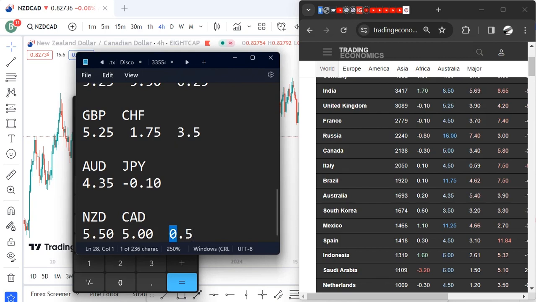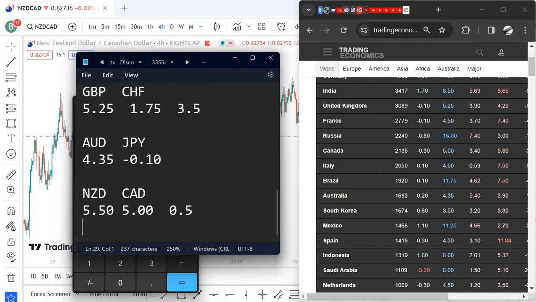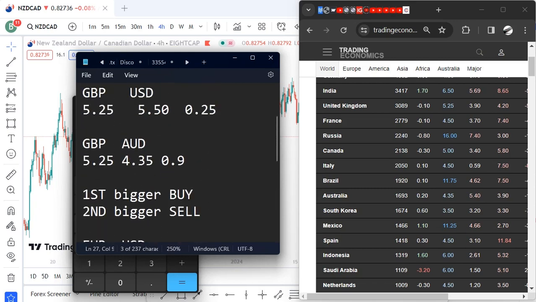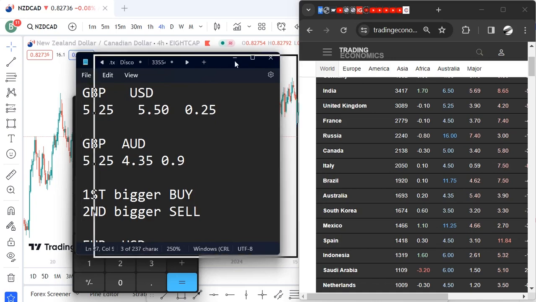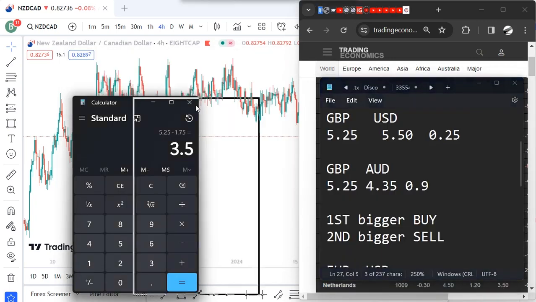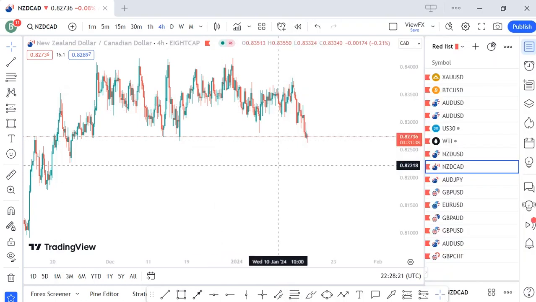So we don't expect this pair to trend like the other pair. Let's see what's going to happen. And the first is greater than the second, so what we need to see is that this pair is buying. So let's confirm that. Is it buying?